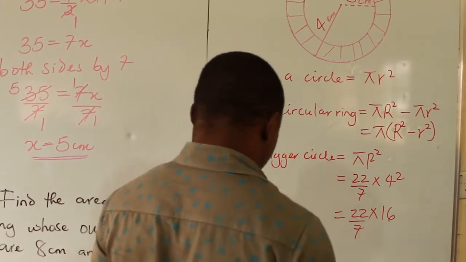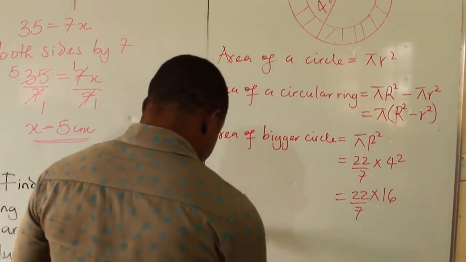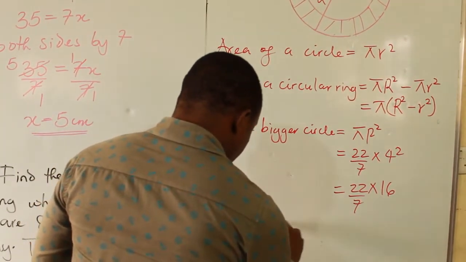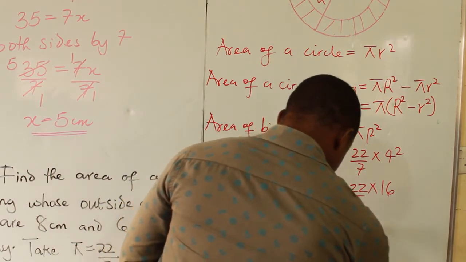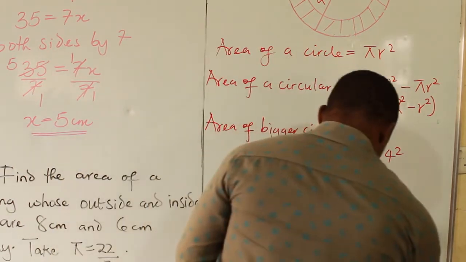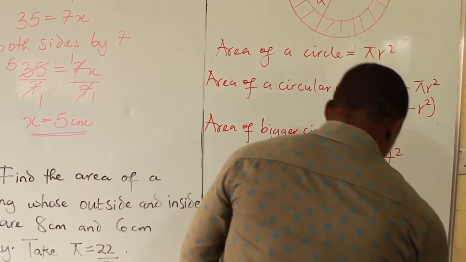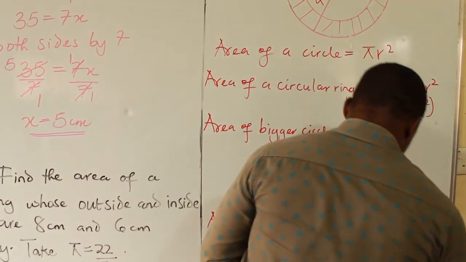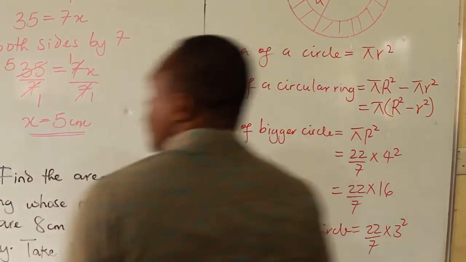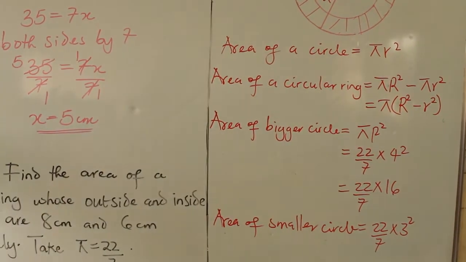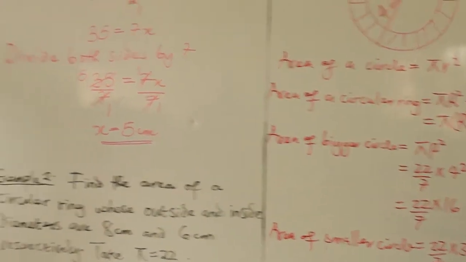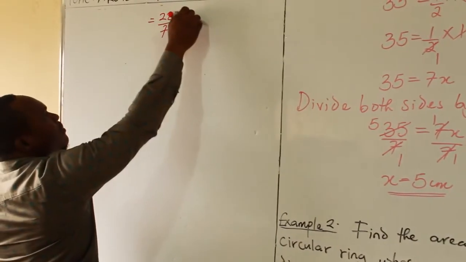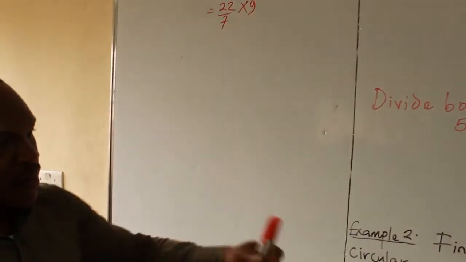I'm just going to leave this here. Area of smaller circle will be 22/7 multiplied by 3 squared. Coming over here, that will be equal to 22/7 multiplied by 9, because 3 squared is 9.